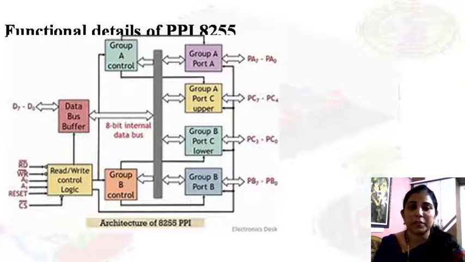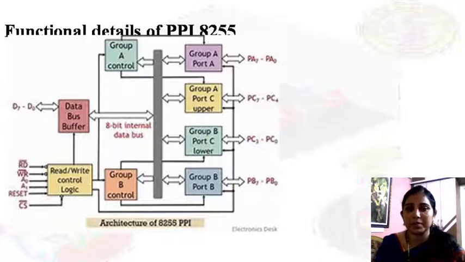Group A control is connected to port A and port C upper. What is this port C upper? As I have explained, port C can be divided into two parts, a 4-bit higher nibble and a 4-bit lower nibble. So we call it port C upper.